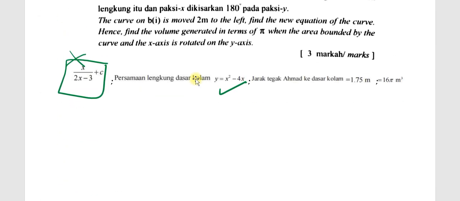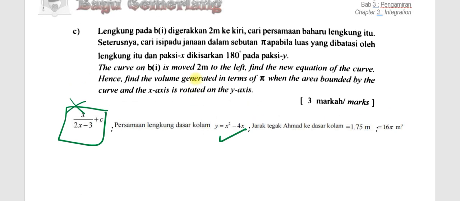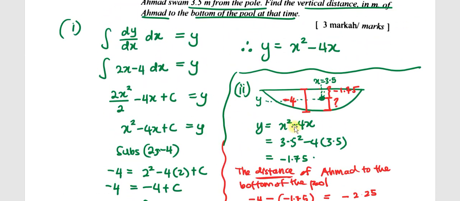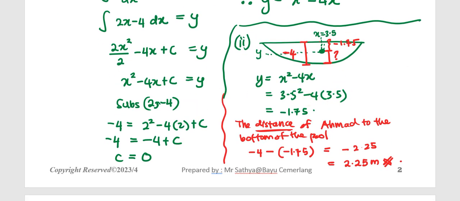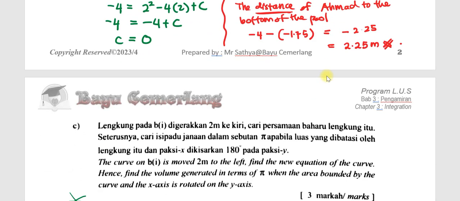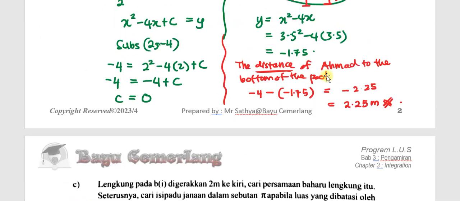And the answer given does not tally with ours. This is a wrong answer because this is what we found for the y. Okay, let me see. I think they say 1.75 is the answer.